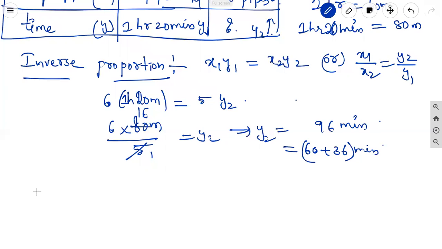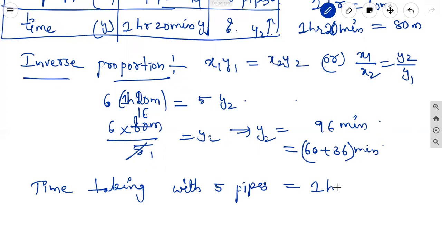So the time taken with 5 pipes equals 1 hour 36 minutes. For 6 pipes, 1 hour 20 minutes. For 5 pipes, the same tank takes 1 hour 36 minutes. This is the way.